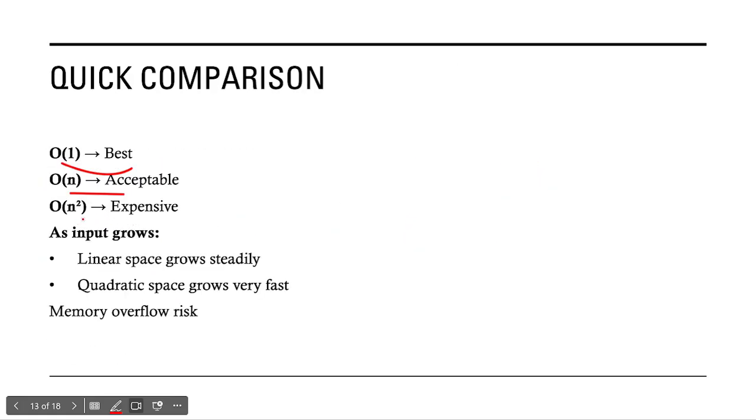And Big O of n squared is the expensive one. As the input grows, quadratic space grows very fast in Big O of n squared. That's why we avoid Big O of n squared space complexity every time. Sometimes a program crashes because of high memory usage, so we should always optimize to at least Big O of n.